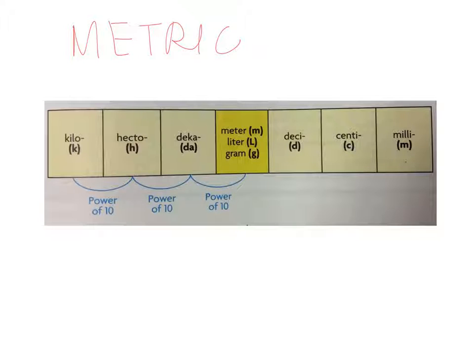There's 10 centigrams in 1 decigram. So then there's 100 in 1 gram. And then there's 1,000 milligrams in 1 gram. This should be familiar to you. Remember we talked about it, it's like the place value chart because each one increases by a power of 10. Yes? Okay. We're not going to spend time learning that today because we've already learned it. If you don't know it, it's your job to go back and review it.